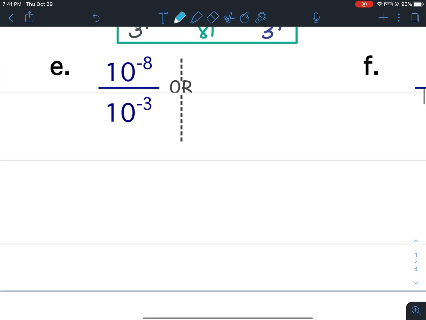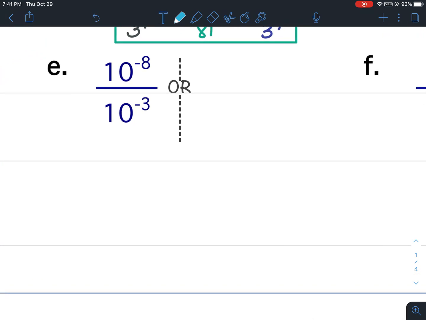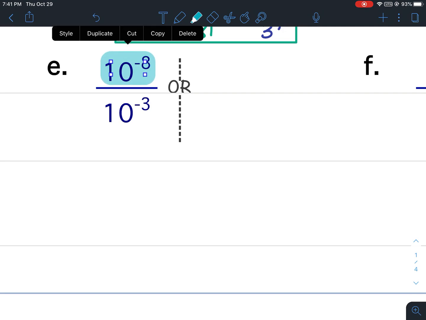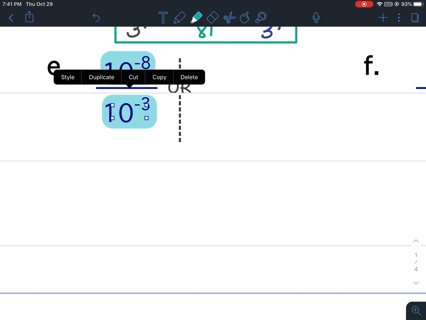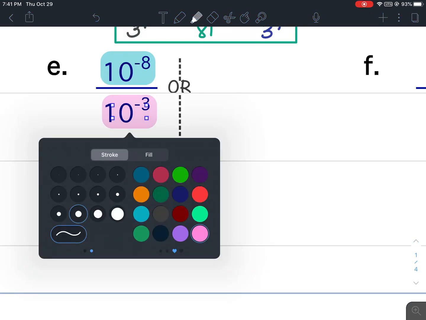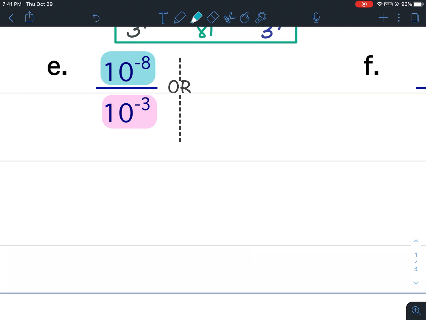For E, notice how both exponents are negative. So I want to take this term and move it to the denominator. But then I want to take this term and move it to the numerator. So again, since that's negative, I want to move it to the denominator to make it positive.